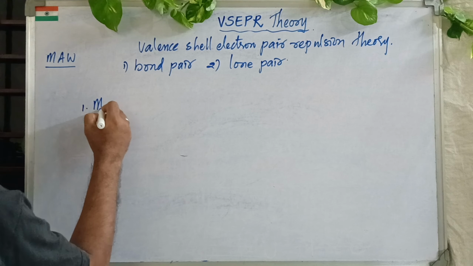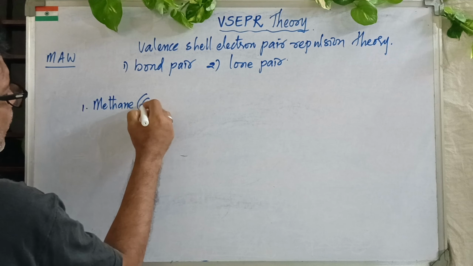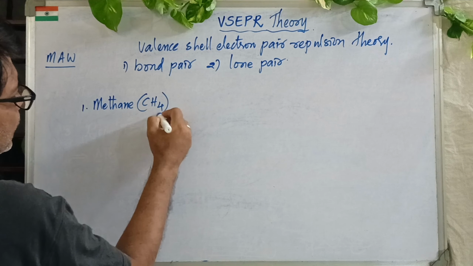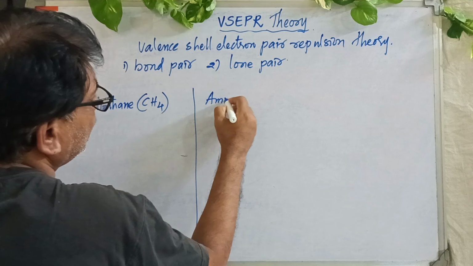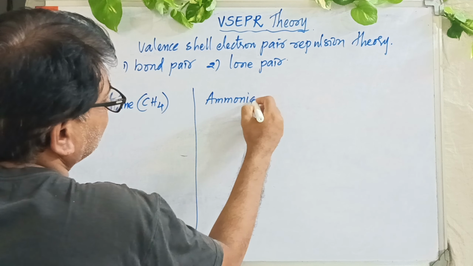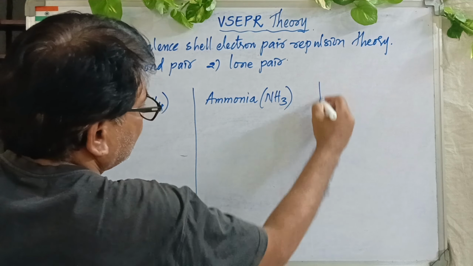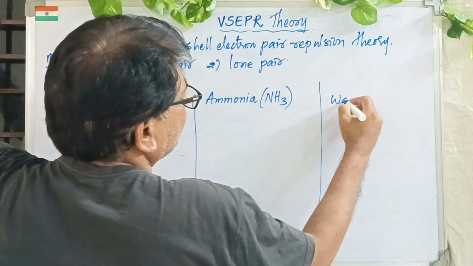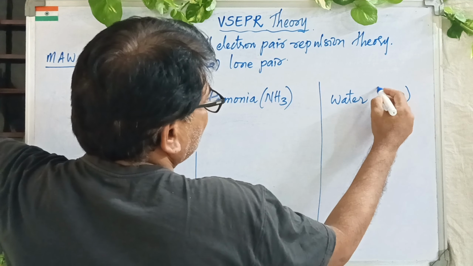M means methane, whose molecular formula is CH4. Next I will explain ammonia, NH3. The last will be water, H2O.